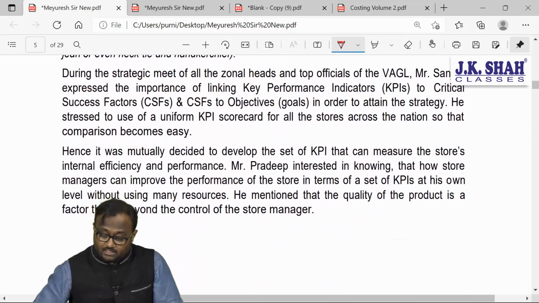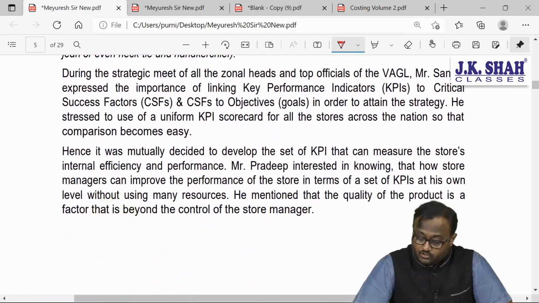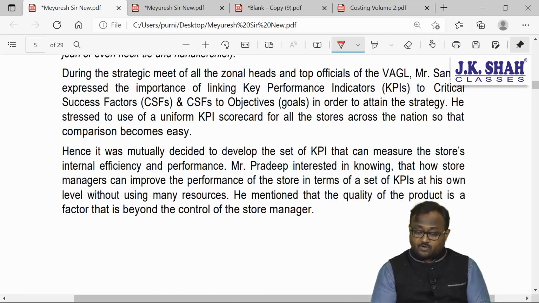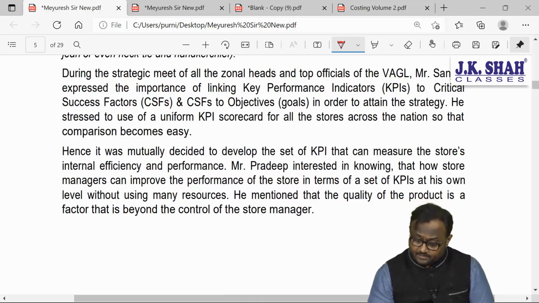Guys, during the strategic meet of all the zonal heads and top officials of the company, Mr. Sanjay Tripathi expressed the importance of linking key performance indicators to critical success factors. Critical success factors is what you want to achieve, and key performance indicators is how you're going to achieve that. Correct?